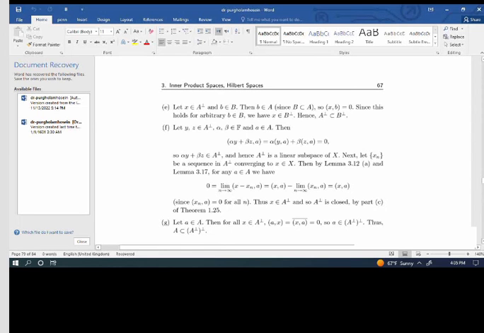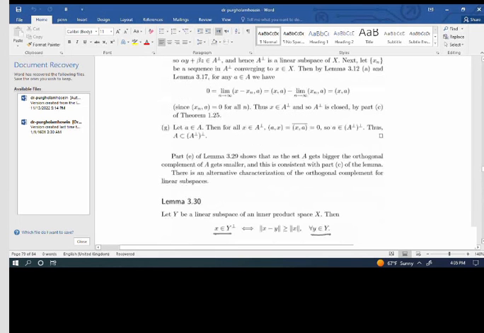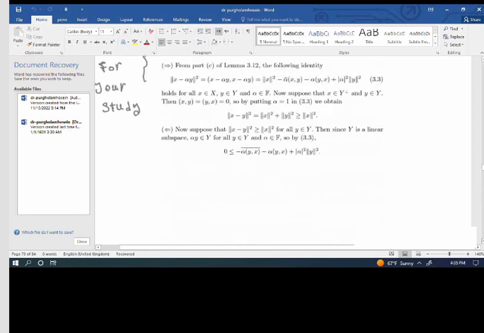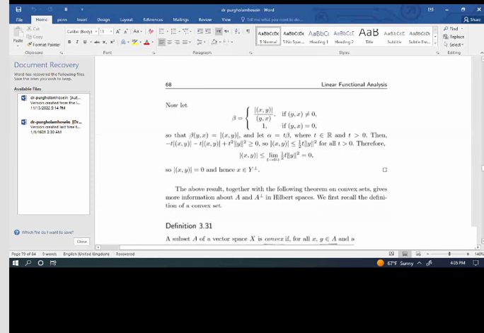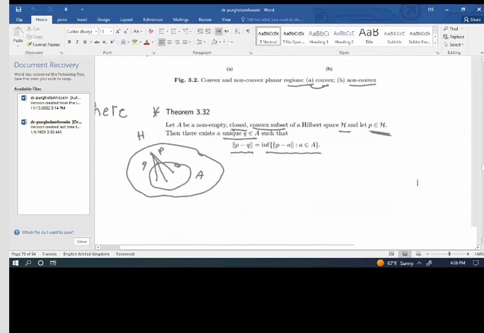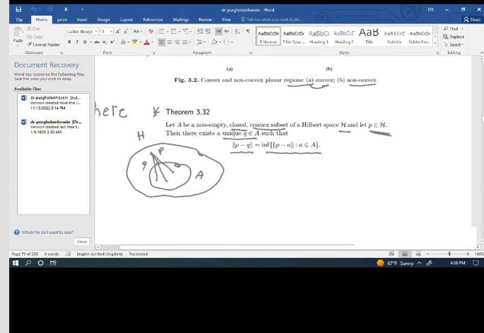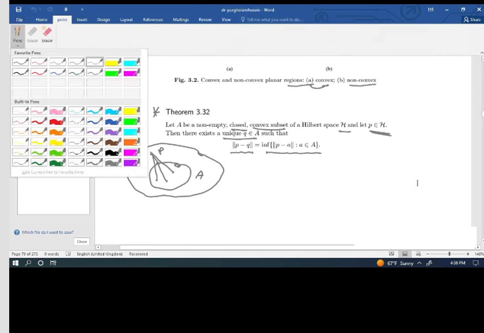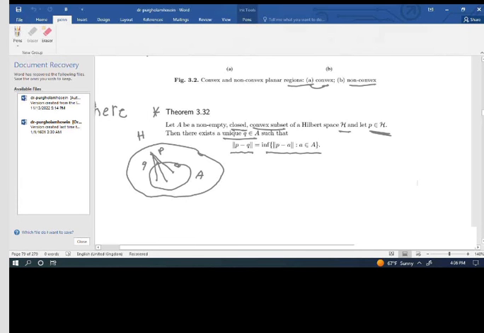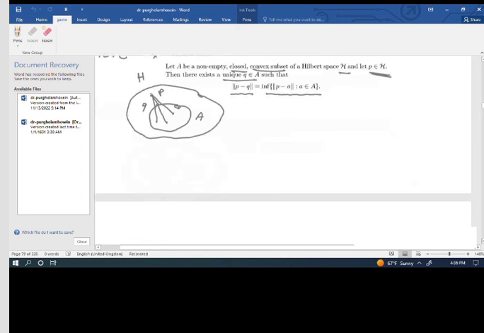We were studying inner product, and it was a theorem that says for a non-empty closed convex subset of a Hilbert space H, I think I told this, so let's pass this theorem.